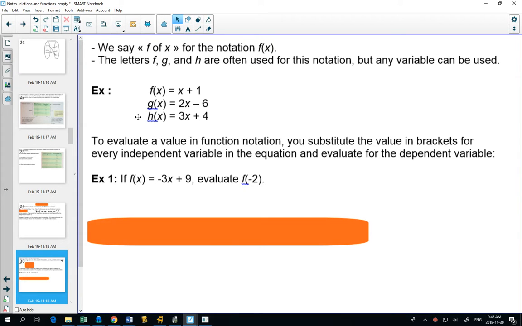So function notation can have any letter in front if you want to. The letter inside the bracket has to match whatever letter's on the other side of the equation. So these are examples of functions. And if you think about each of those equations, if you plug in an x value, you will always get the same y value.